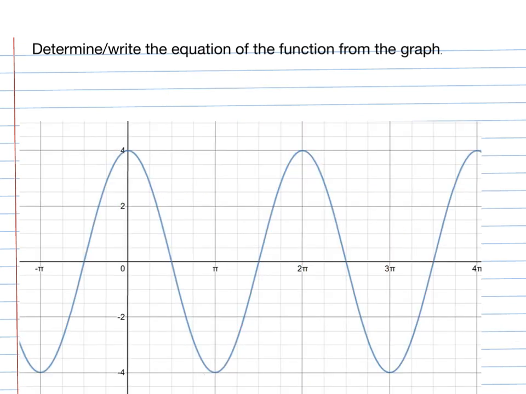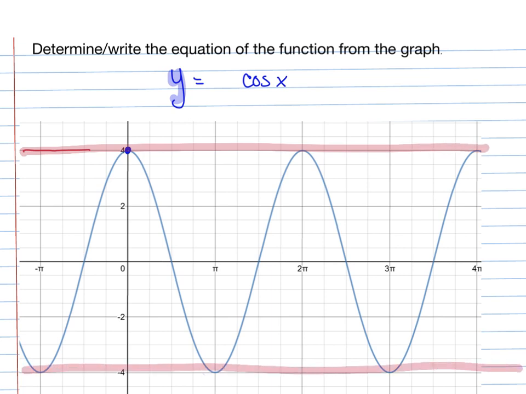So for this equation, you're going to have to, same thing, identify what kind of function it is. And you have to figure out if it's cosine or sine, if it's positive or negative, and what the amplitude is. So again, since it starts at a max, then you know it's going to be a cosine of x. And since you know that this is my amplitude, let me get my highlighter. The amplitude is here and here.